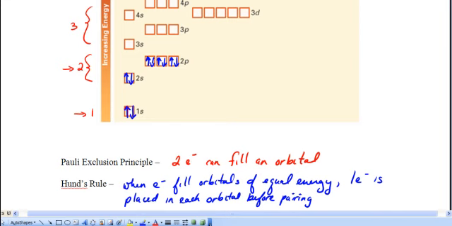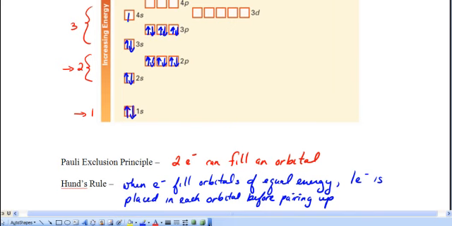Simply meaning you're going to put one in each box, or one in each orbital, before you start adding the second one. Once that orbital is filled, you move on to the next orbital and start putting electrons in there. When you get to the 3p, you put one in each before pairing up.